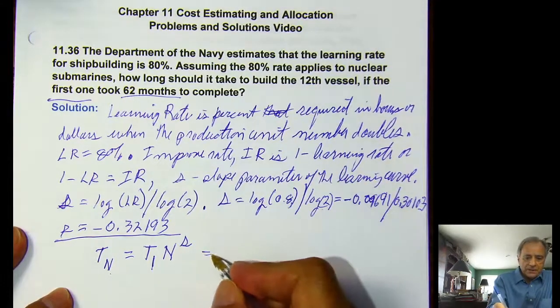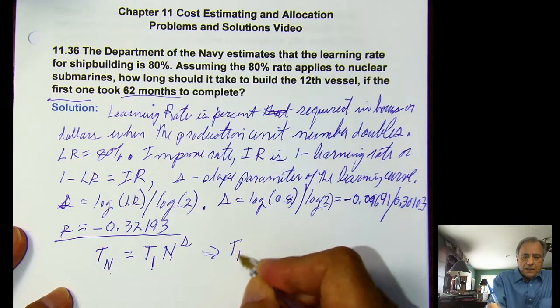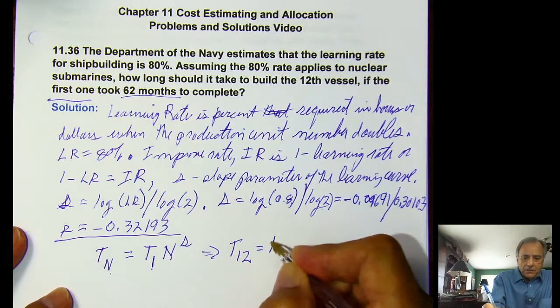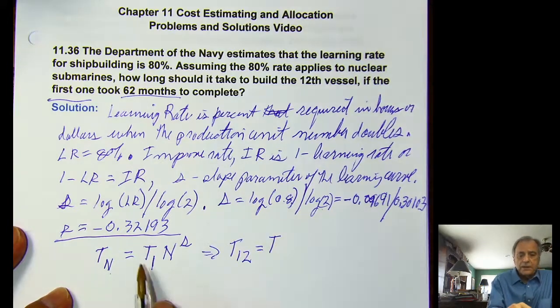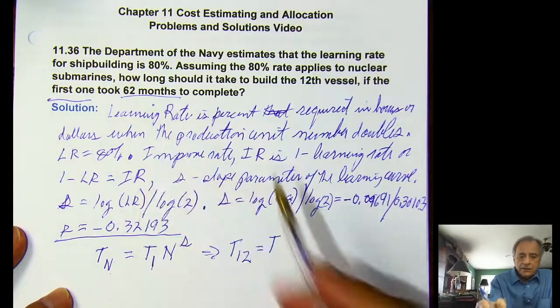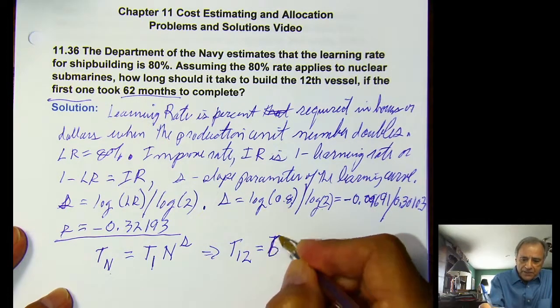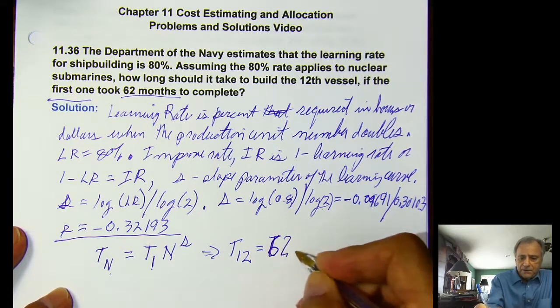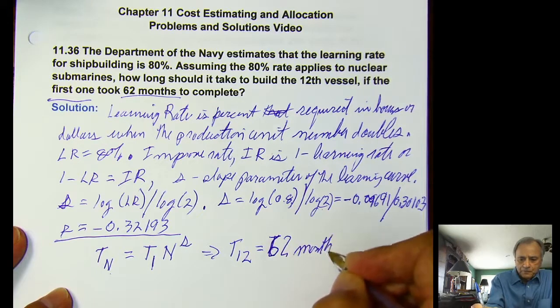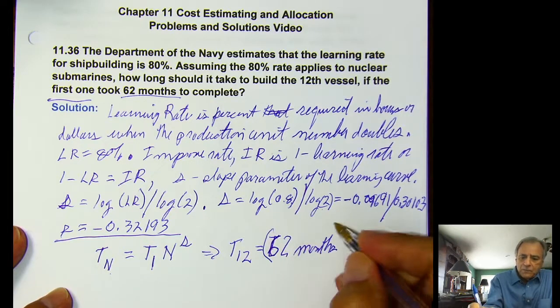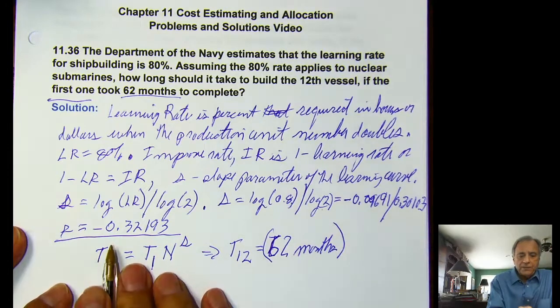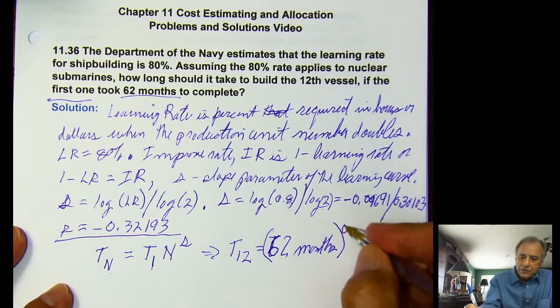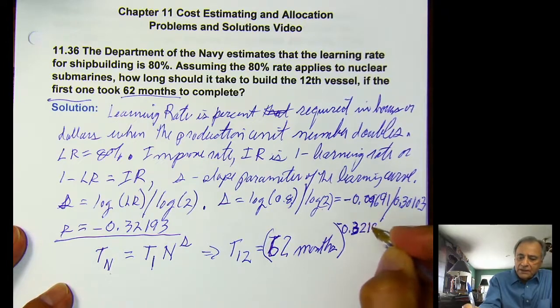So this says T12 equals T1, which is 62 months. So let me just go ahead and put that here. 62 months to the s power, to the minus 0.32193 power.